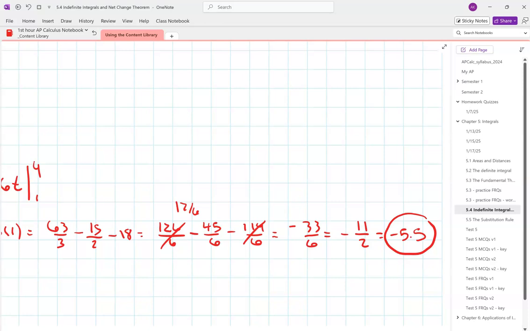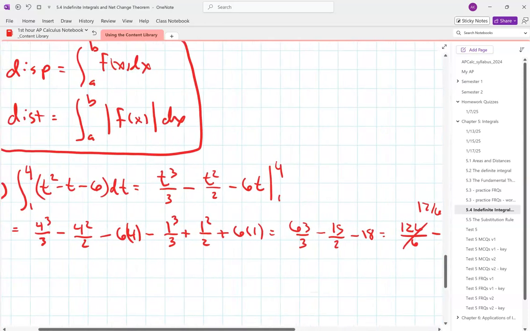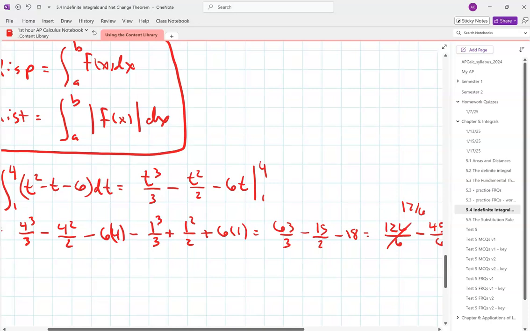Where was it? Who sees it? 16 plus 1 is that.